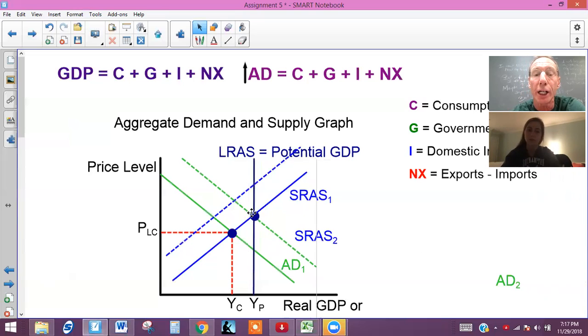If we're already at potential and we do something to push the aggregate demand farther to the right, past the potential, that's when we start talking about demand pull inflation. Okay, so we're out to the right and at higher prices than where we are at potential.